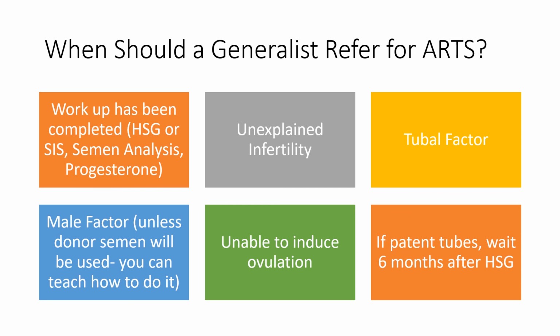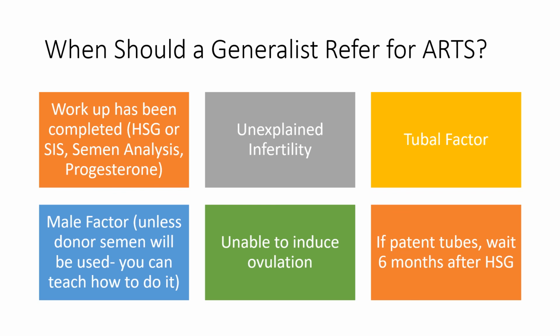Definitely if she has tubal factor, or male factor, unless there is total azoospermia, in which case if they are going to use donor semen, you can coach them on how to buy donor semen and do the self-insemination.